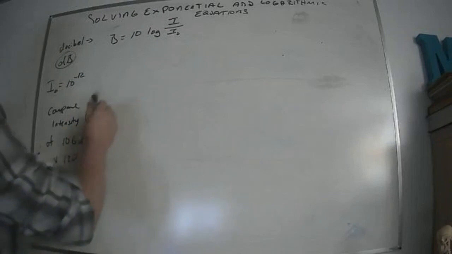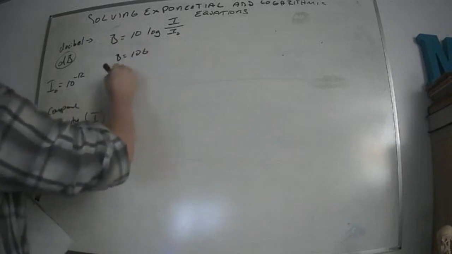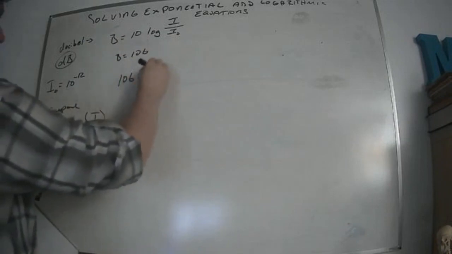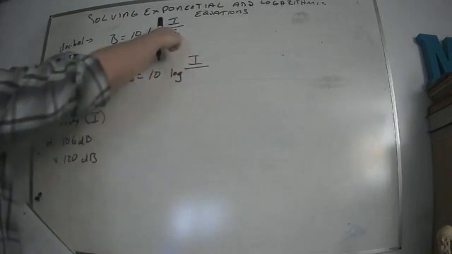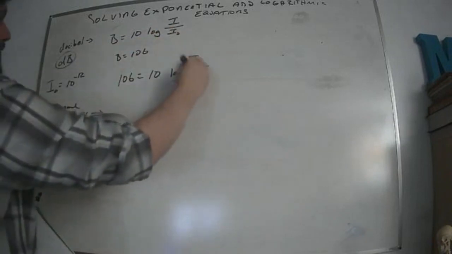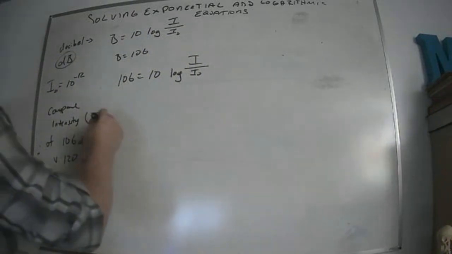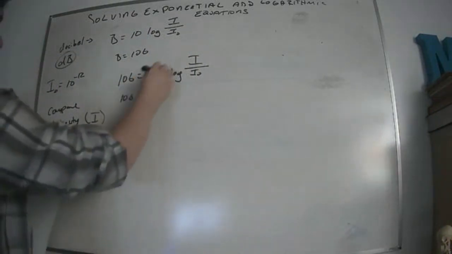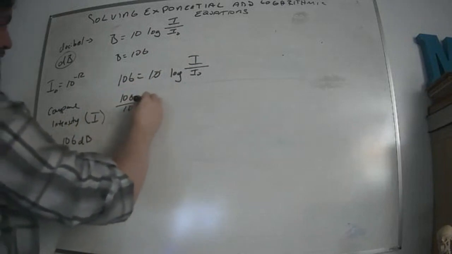For 106, this is 106 equals 10 log I over I naught, the initial reference. So let's do some math here. I can divide both sides by 10, so 106 over 10.